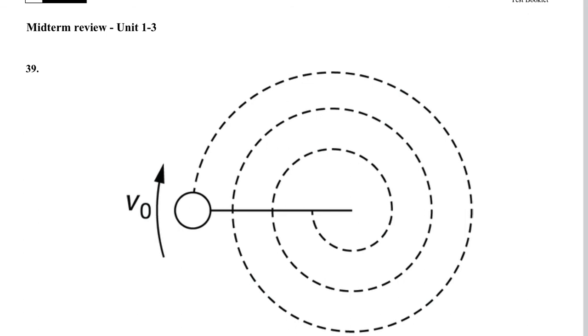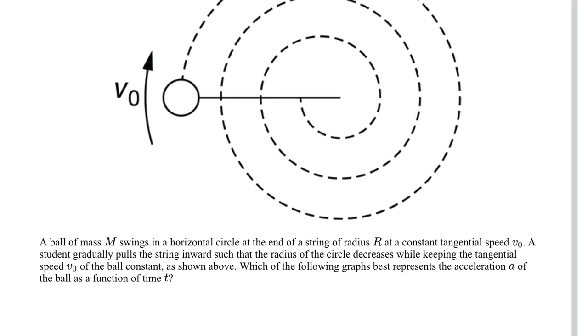So we want to know what happens to the acceleration of the ball as a function of time. As the radius of the circle decreases, while keeping the tangential speed the same, so the ball is traveling at the same speed, what happens to the acceleration?